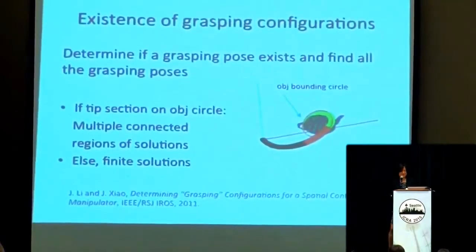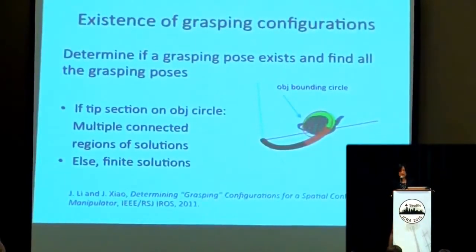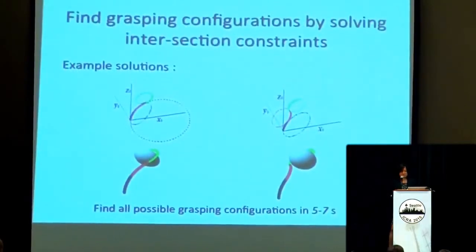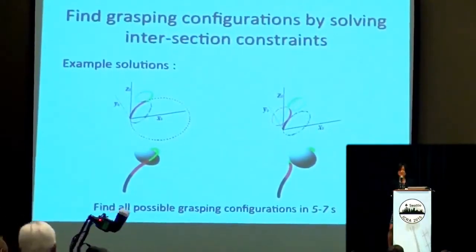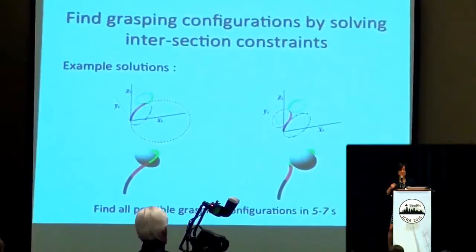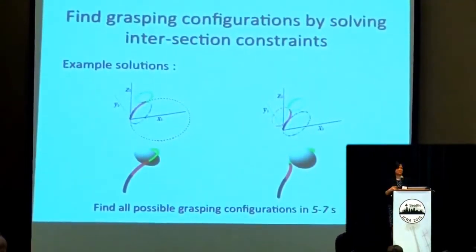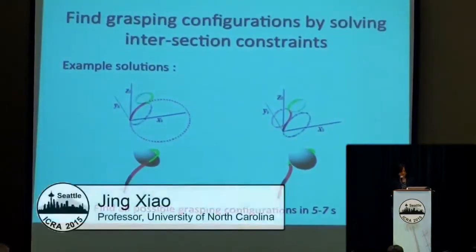Otherwise, if more than one section is curving around an object, then we have finite solutions. We find those solutions by solving intersection constraints, such as for two adjacent sections, their circles have to be tangential.